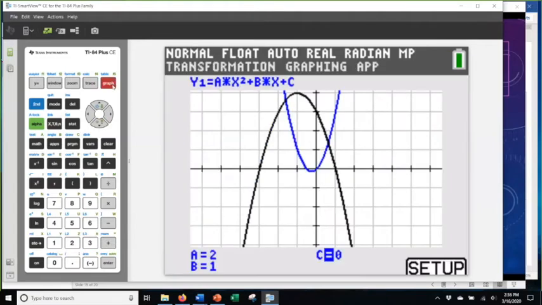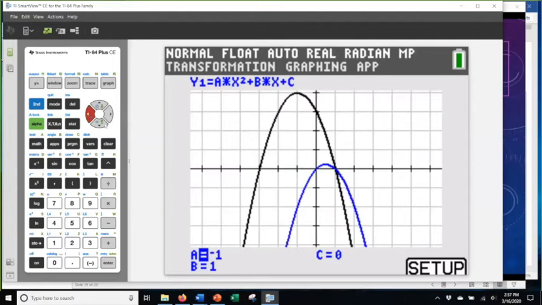But my job is to change my parameters to get this matched. So first of all, looks like my graph is a little bit skinnier. The blue one is a little bit skinnier than the black one, and maybe I've learned that increasing A makes it skinnier, decreasing A makes it wider. I also realize that this has to be concave down or opening down, so I want a negative value.